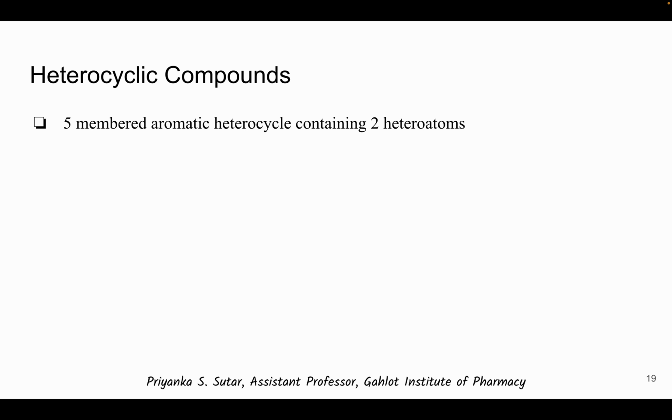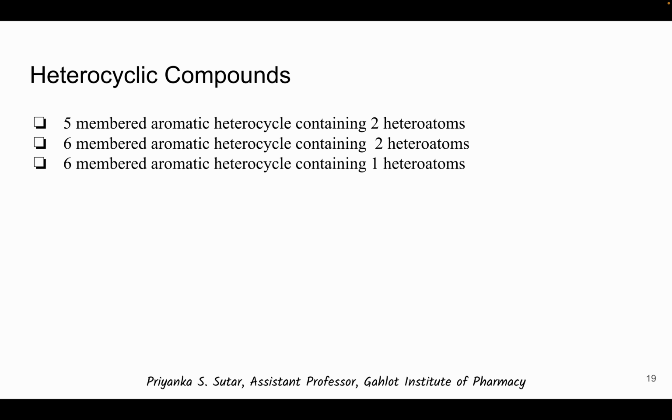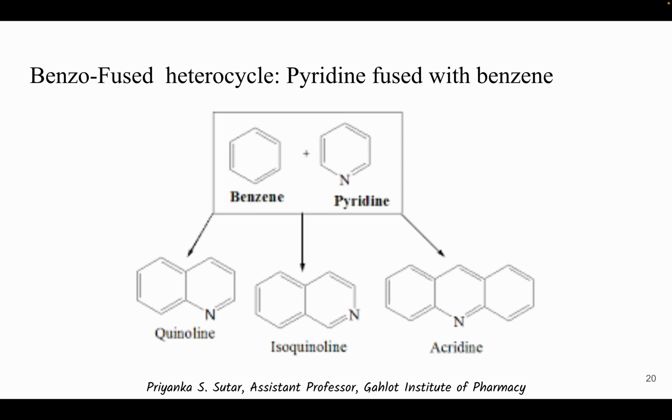So you have learned all the categories: 5-member ring with 2 heteroatoms, 6-member ring with 2 heteroatoms and 1 heteroatom. Then you have also learned benzo fused heterocycles, right? So here is an overview of benzo fused structures. Benzo fused structures are what?